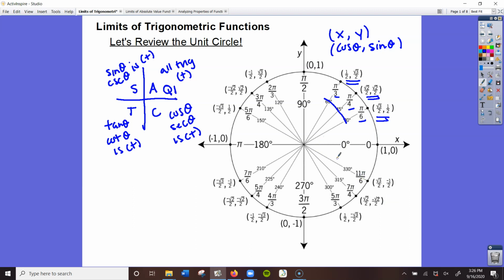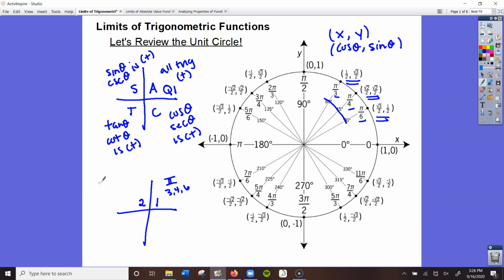Now additionally, you will need to be able to look at a radian measure and determine what quadrant it's in. So there are patterns. In quadrant 1, all of your radian measures are pi over the denominator. And as you can see, the denominators are either 3, 4, and 6.